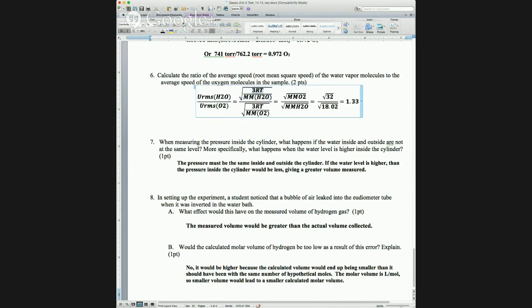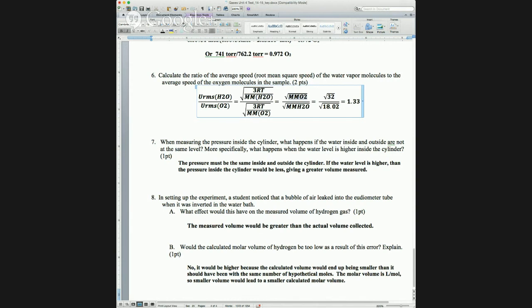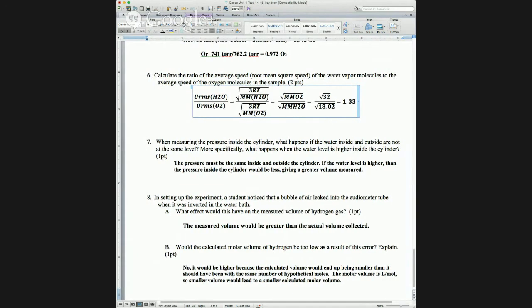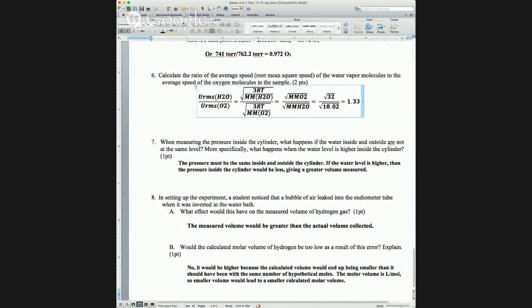If it's 1 over a number, that means this number, the molar mass of water, is actually in the denominator because it's right here, 1 over that number. And when you get a fraction in the denominator, if you guys remember, you just flip it over. And that's why the molar mass of oxygen ends up on the top here. So you get the square root of the molar mass of oxygen divided by the square root of the molar mass of water, and you get your answer, 1.33.